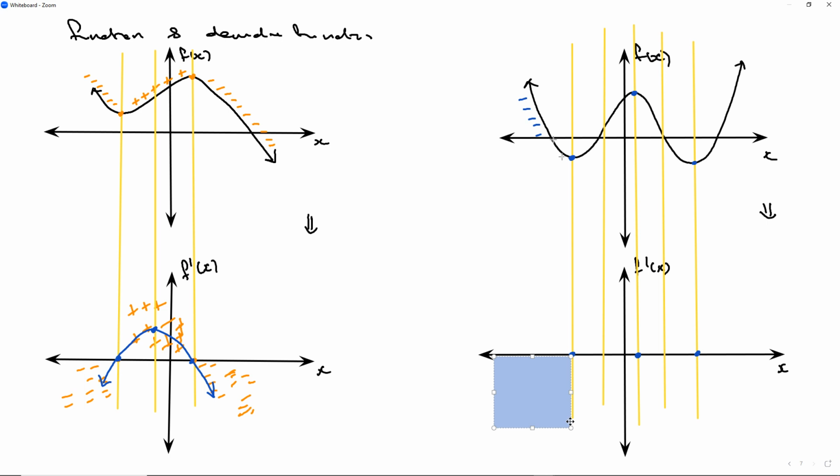Alright, it's negative up till that point there, and then it's positive between those 2 points over there. So it's going to be in the positive region over there, before it's negative again over here, before it's positive again over here. Alright, so those are the regions that I need to have.